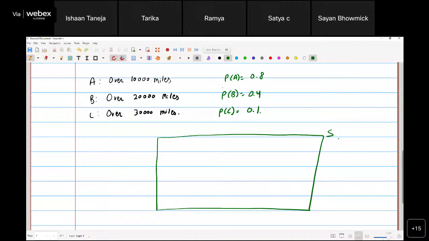When I read the question, I couldn't do it. Then I went through the solution, what the teacher is explaining. But in that, I couldn't understand the Venn diagram itself.